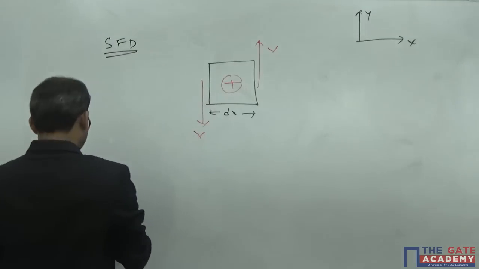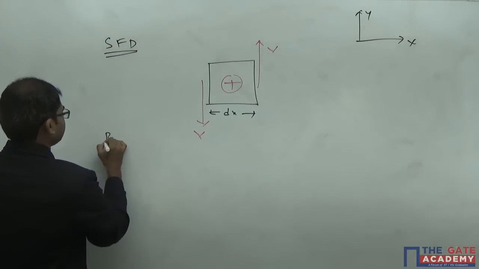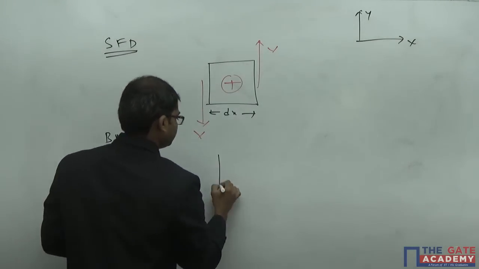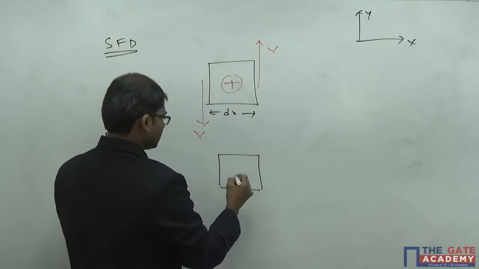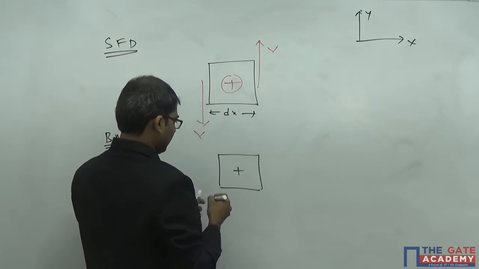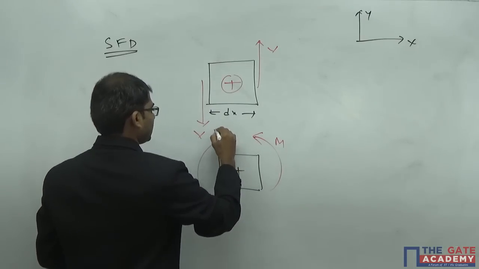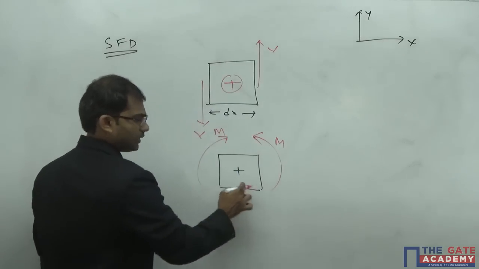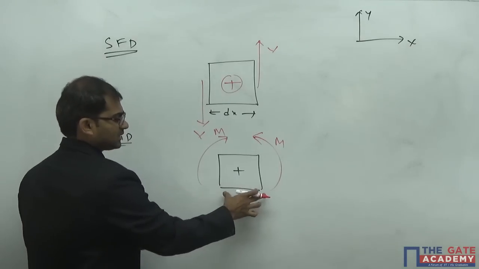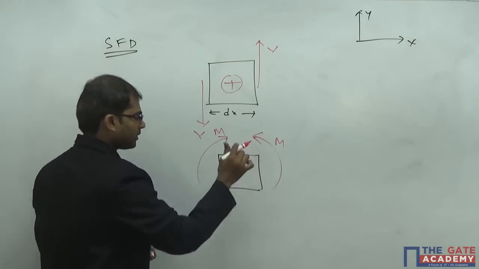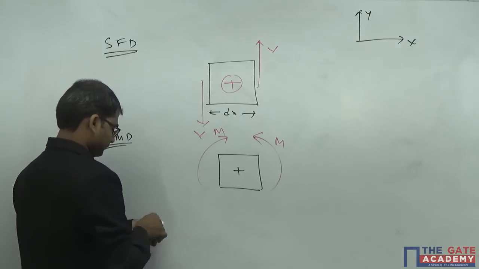In the same way for bending moment also. This will become positive when you are having anti-clockwise moment on the positive x plane and clockwise moment on the negative x plane. This phenomenon where the bottommost fiber is experiencing tension and the uppermost fiber is experiencing compression is called sagging.